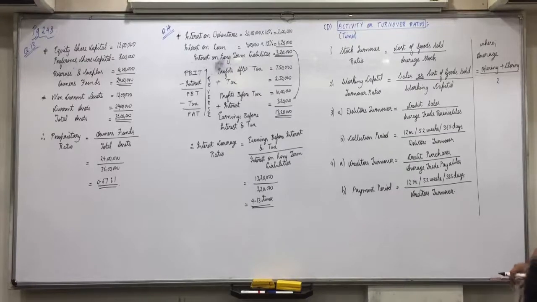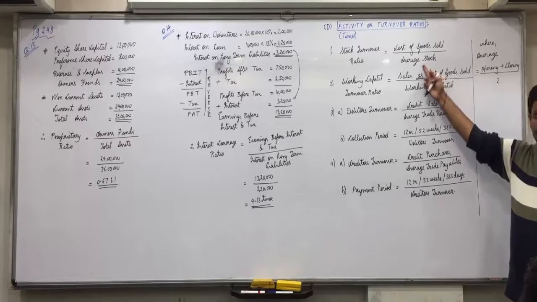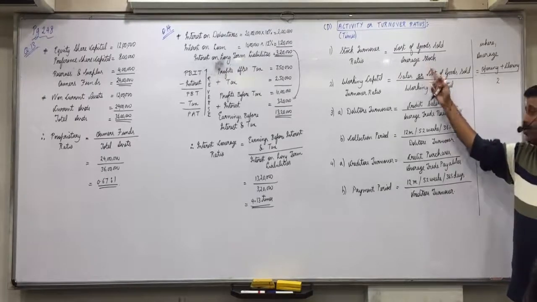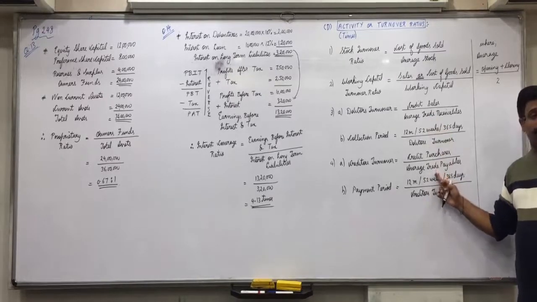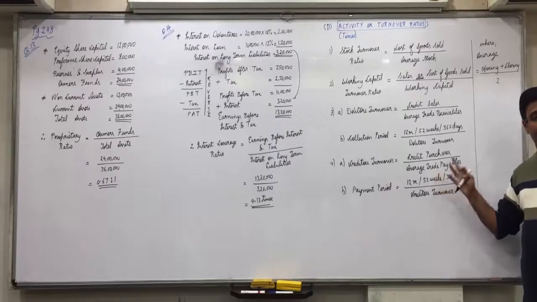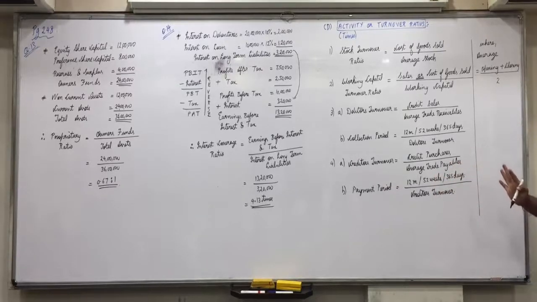So in all the averages, same formula. Average stock is opening stock plus closing stock divided by 2. Opening trade receivables plus closing trade receivables divided by 2. Opening trade payables plus closing trade payables divided by 2. Is everyone clear with this?